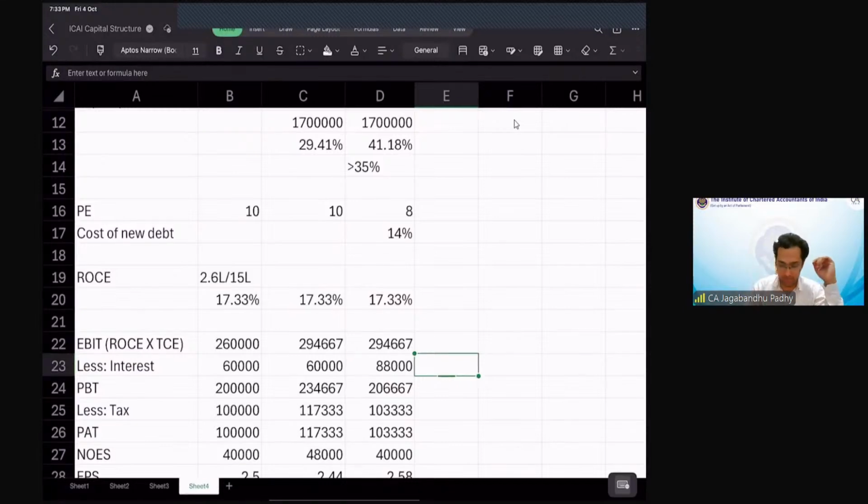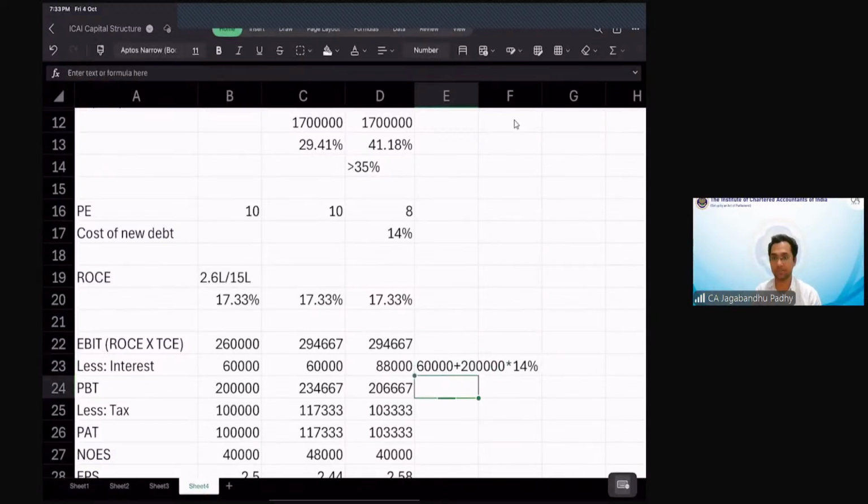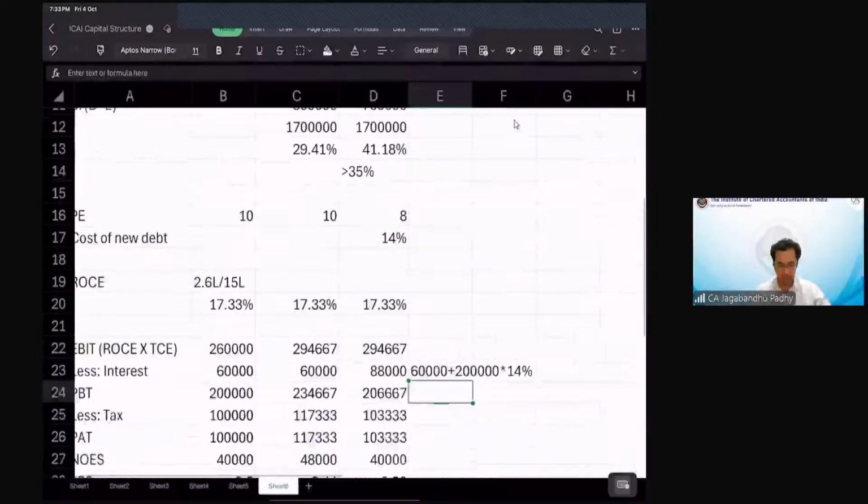You get it? Original 60,000 plus 2 lakh new debt. On that you have 14% interest. Okay, fine. Let's go for a new concept now.